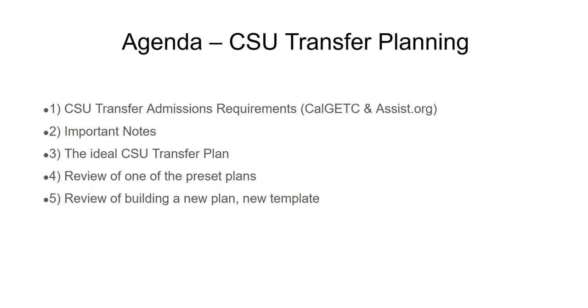We're going to review one of the actual plans that I have developed for a young woman who's interested in studying social work at Chico State. And then we will also take a look at a blank template to review that, and then maybe how to build a new plan using some of the tools like assist.org, etc. So hopefully this will be valuable.